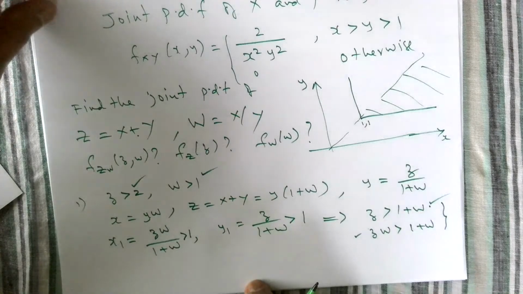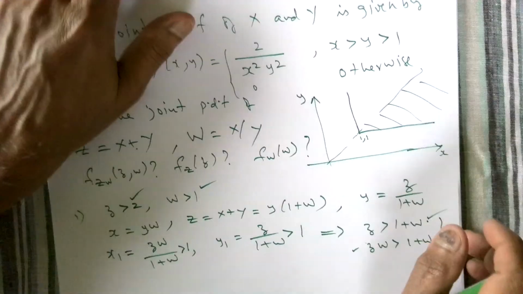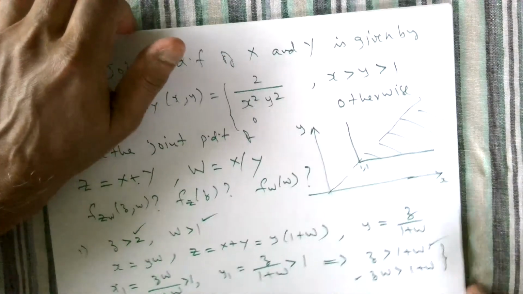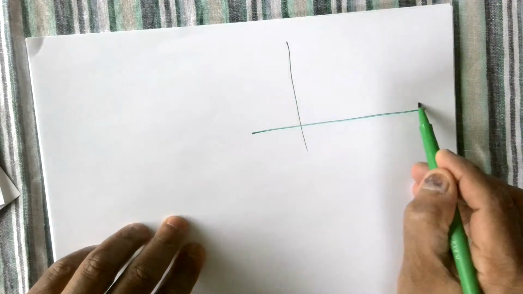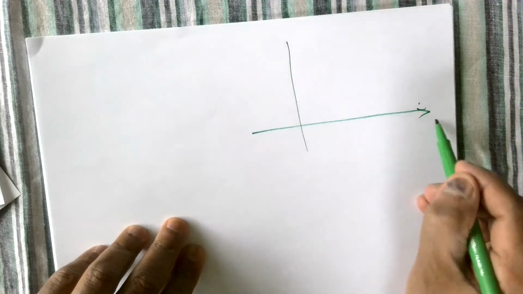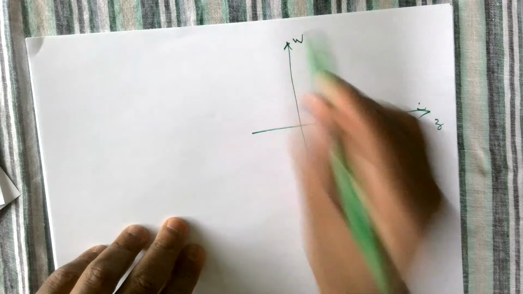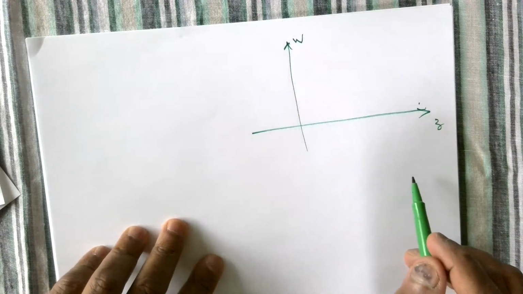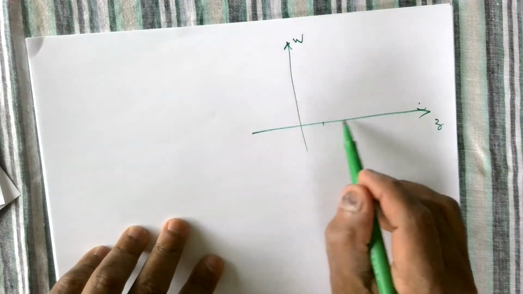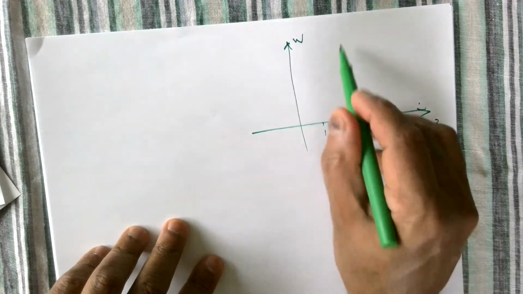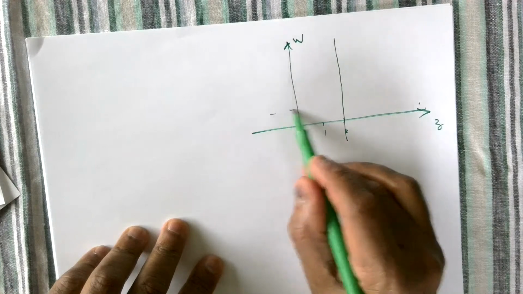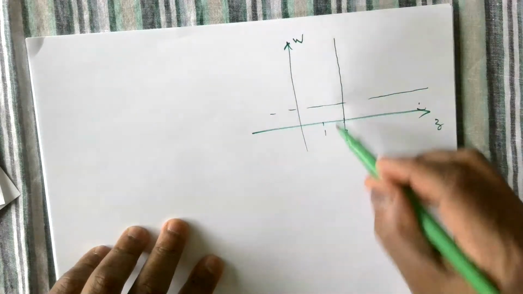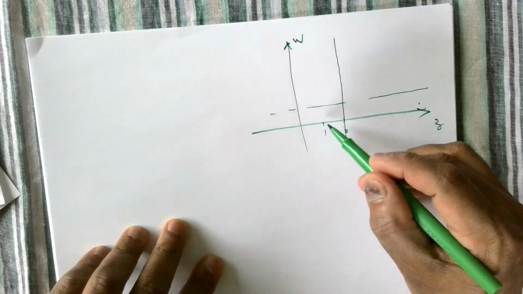So let me, in the zw domain, identify the region. So z here, w here. So this is 1, 2, z greater than 2, and w greater than 1, and then z equal to 1 plus w.